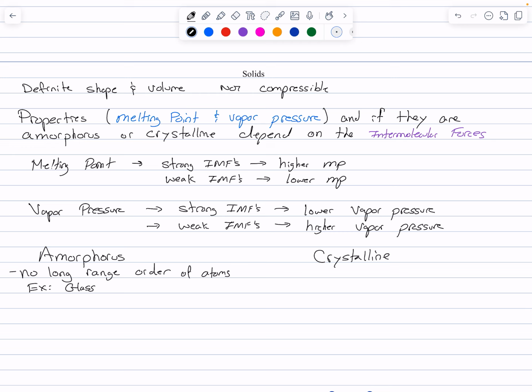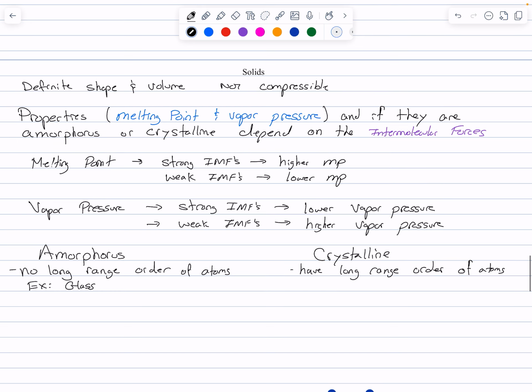They have an order to them, but it's not long range, right? Whereas crystalline solids have long range order of the atoms, right? And because they have a long range order, they're broken down into unit cells, right? Which is the basic repeating structural unit.